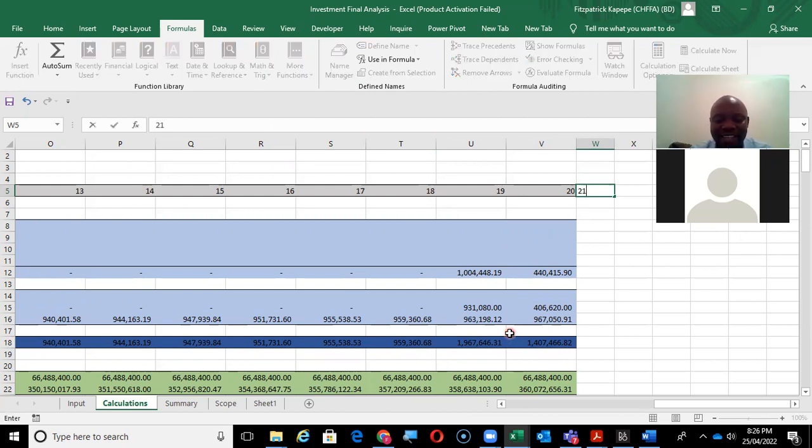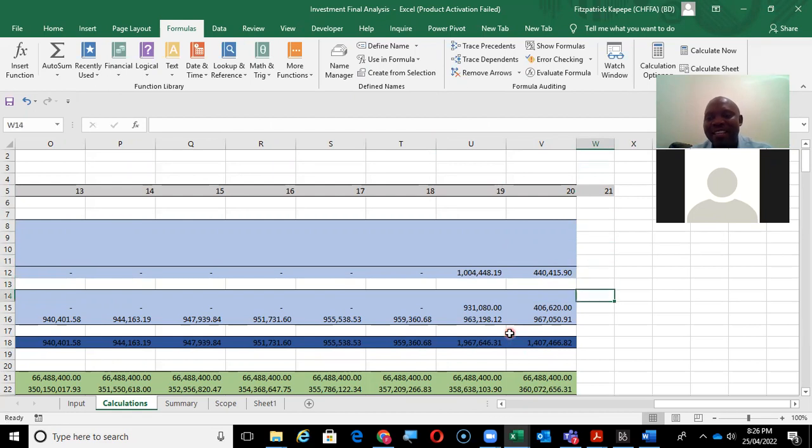Then in the 21st year, by 1st January of the 21st year, this is where I would do my decommissioning. But what is going to happen is that even if it's the 21st year, it will carry the same discount rate. Let me just try and show you what I would do.